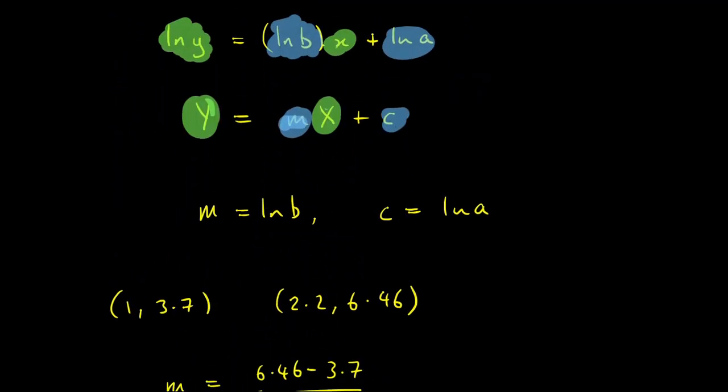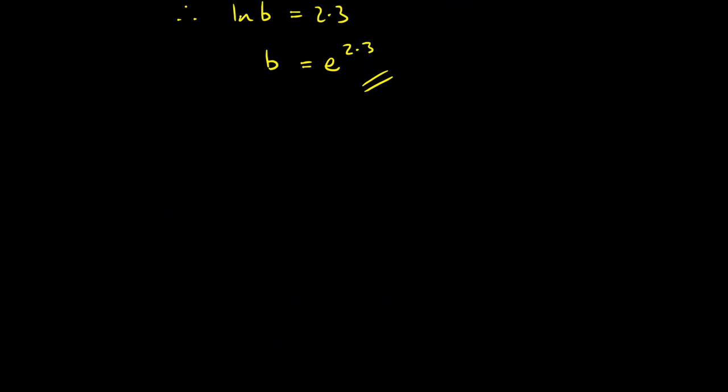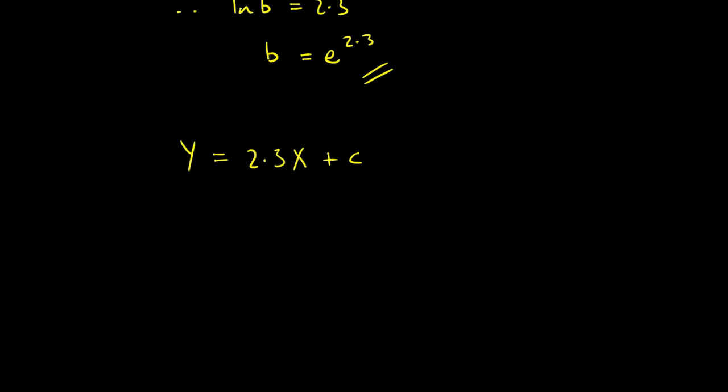Now, we want to find the y-intercept. I think the best way to find the y-intercept is to just substitute it straight into here. So we can now write that y is equal to 2.3x plus c. So big Y is equal to 2.3 big X plus c. What we're going to do is substitute in the point 1, 3.7.